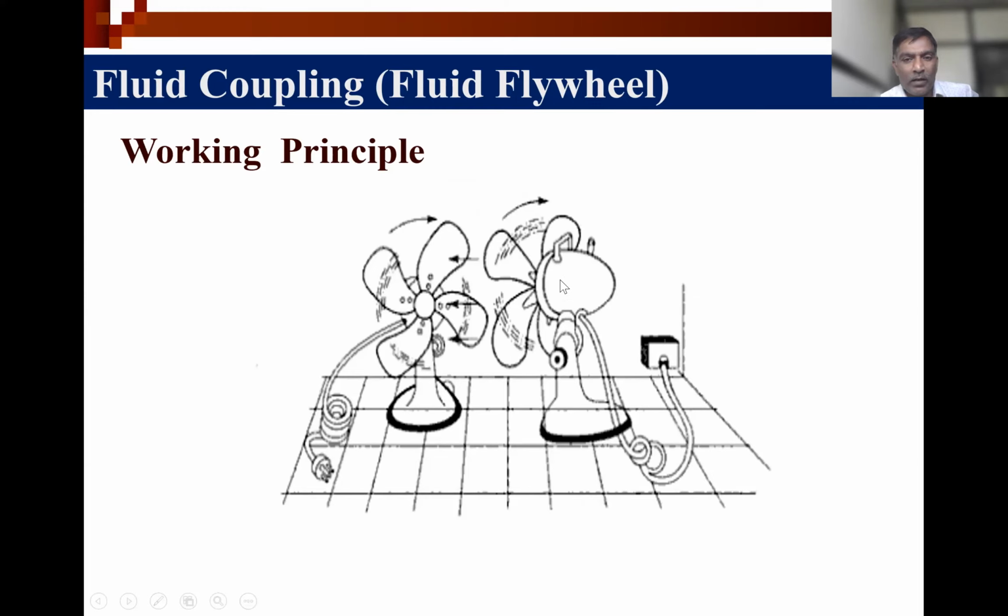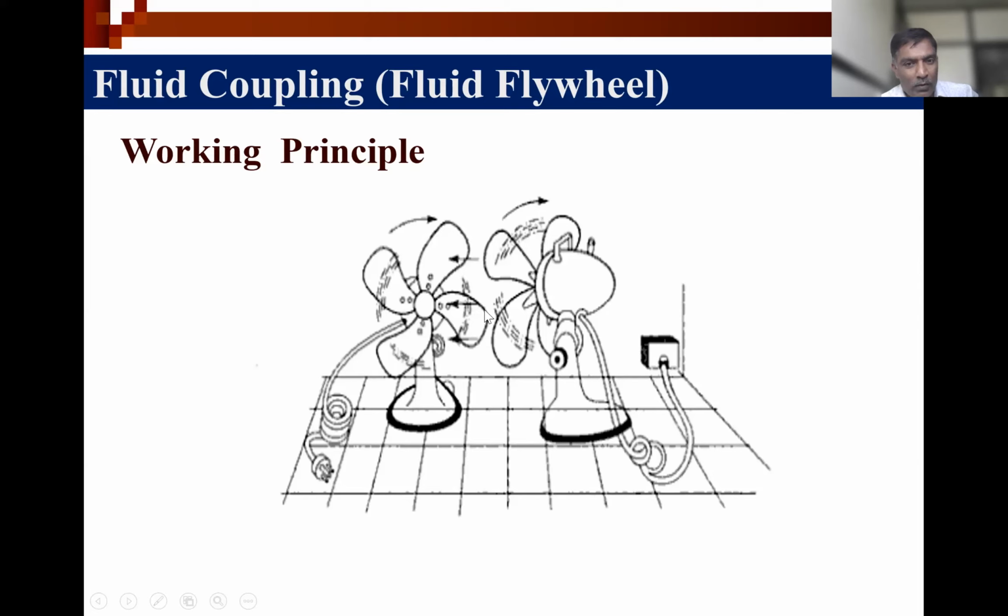हा fan आहे, it is powered, and हा दूसरा fan आहे, it is disconnected from the power. तर हा फॅन जर रोटेट केला आपण, तर हा सुद्धा रोटेट, हे जे फॅनचे पात आहेत, these will also rotate. कशामुळे रोटेट होत आहेत?